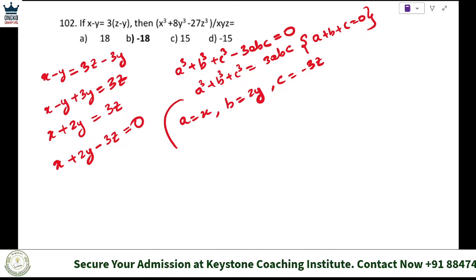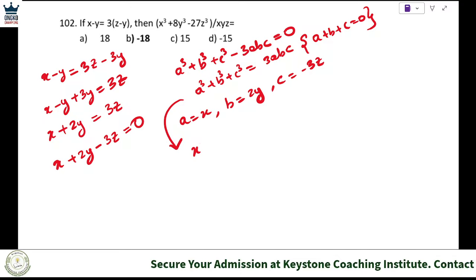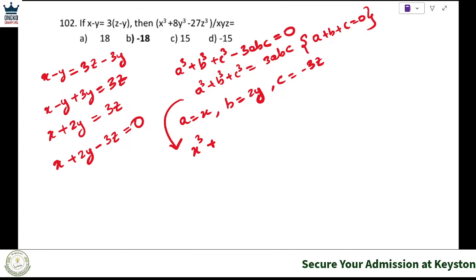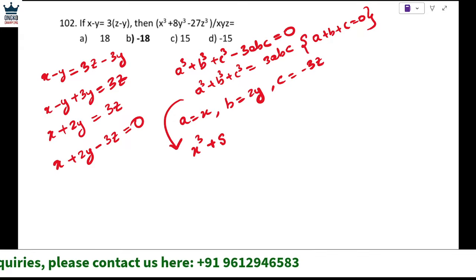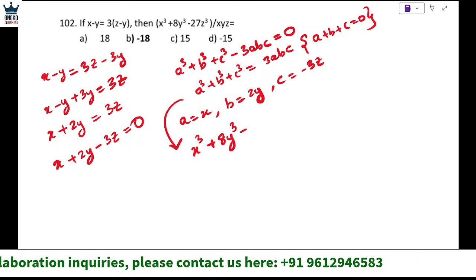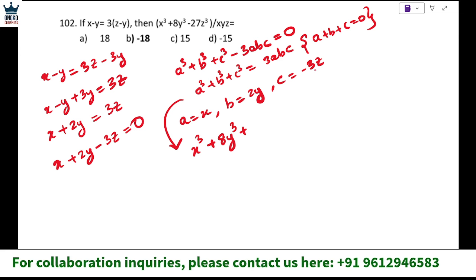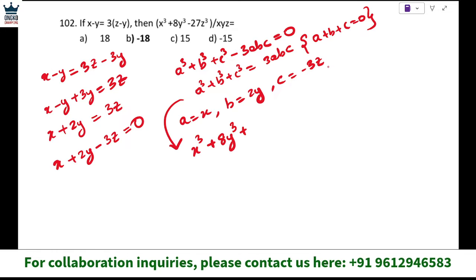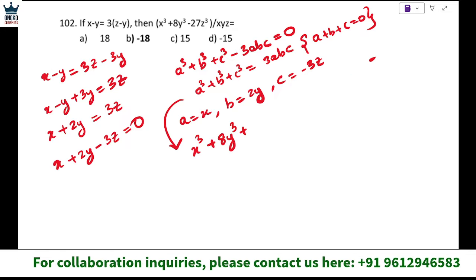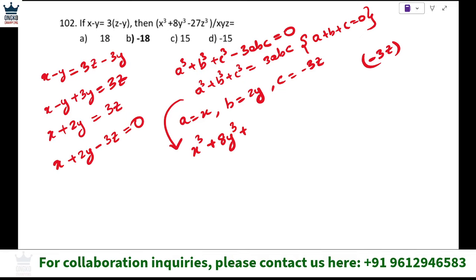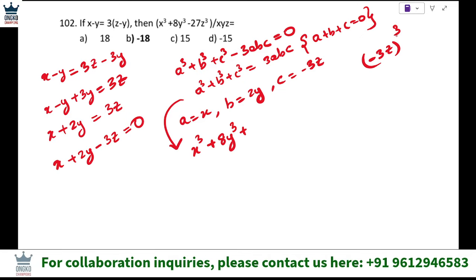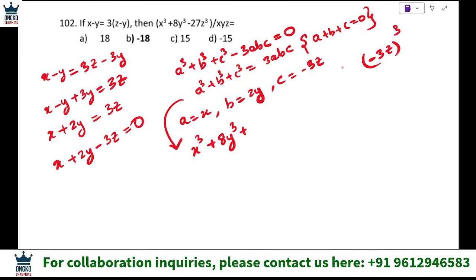So now this becomes x cube plus 2y whole cube, which will give us 2 to the power 3 is 8y cube, plus c, which is minus 3z. So minus 3z whole cube, since the power is odd, you will get it in terms of minus. So this plus will be changed to minus.